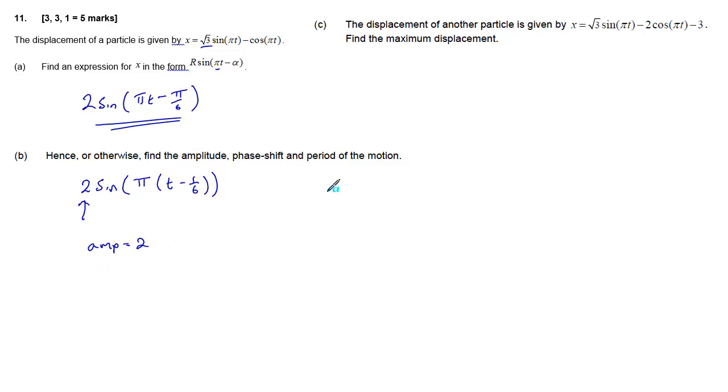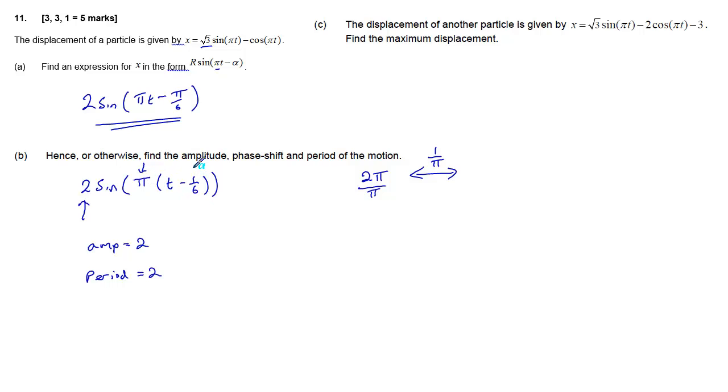Now the period for the standard sine is 2 pi. This pi in here tells us that we have a horizontal dilation, scale factor 1 over pi. So that's going to give me a period of 2.